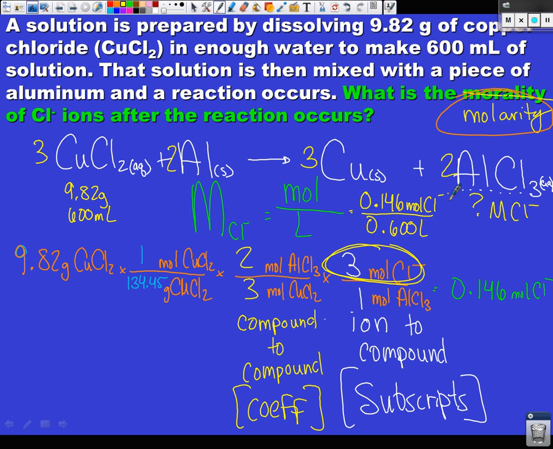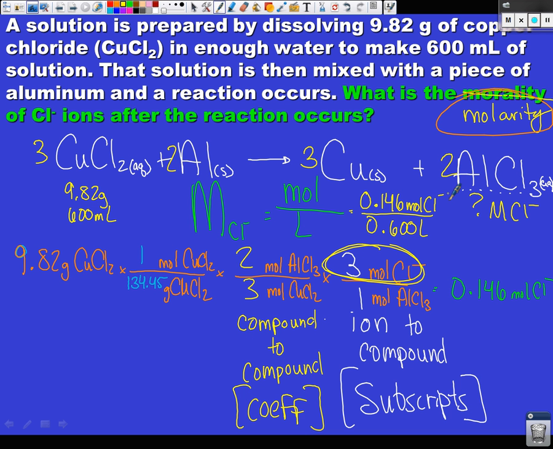How do I know what number it was for? All right, that's a good question. Do you agree it says a solution is prepared by dissolving 8.9 grams of copper 2 chloride in enough water to make a 600 milliliter solution? That beaker starts at 600 milliliters. Did all of this occur in that same 600 milliliter beaker?